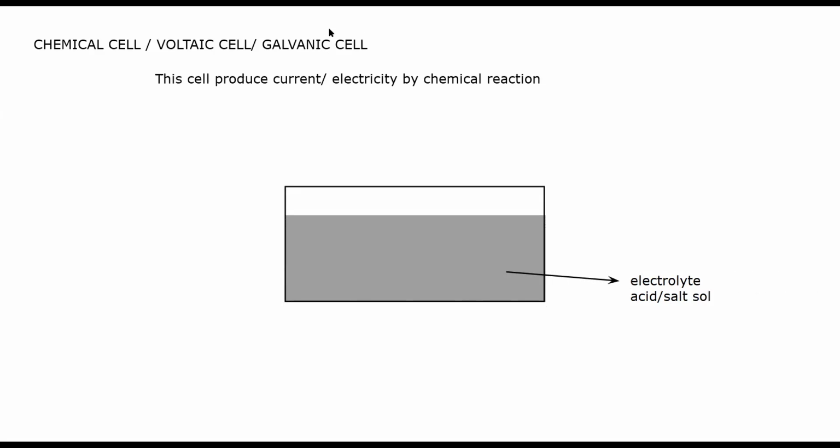And we use two electrodes, two plates, and these plates are made up of different metals. And we connect a lamp or a bulb or a meter, which we call a voltmeter. Here I connect a lamp.